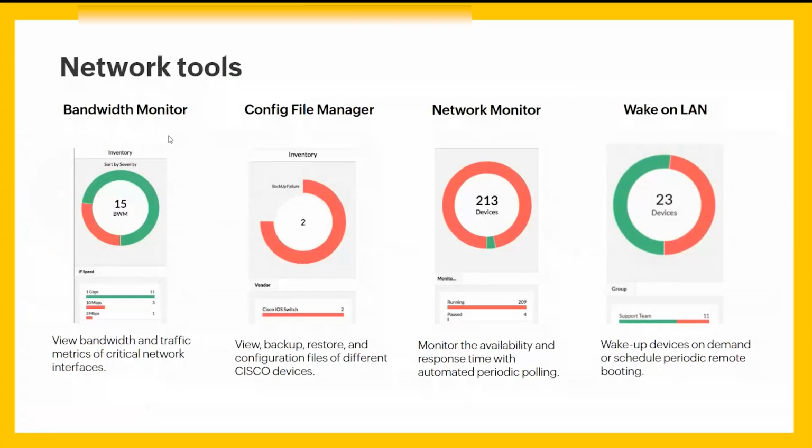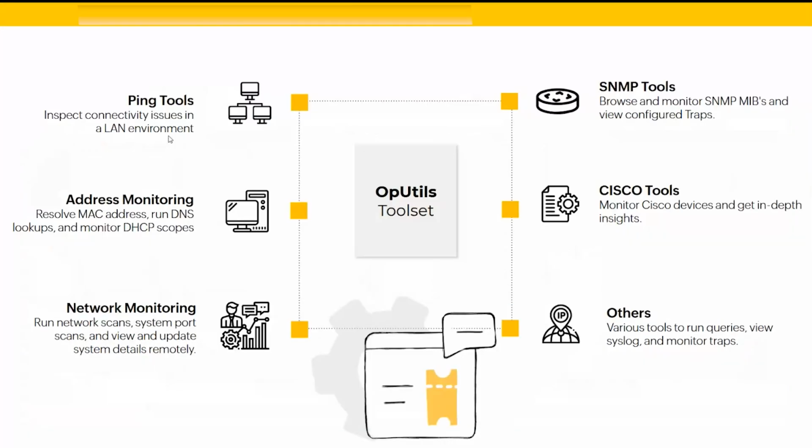Moving back to the presentation. Let's talk about the OpUtils network toolset as a whole. The toolset gives IT admins a centralized console to perform a variety of everyday network tasks.